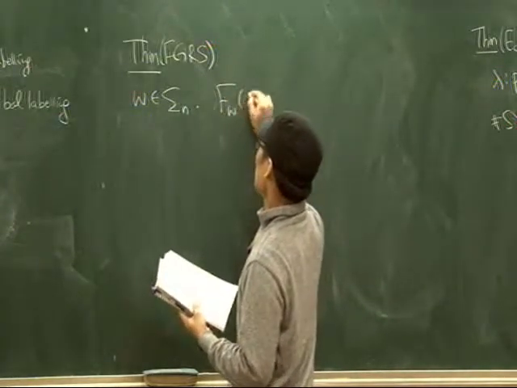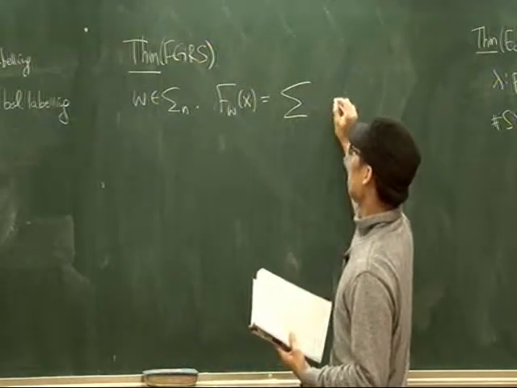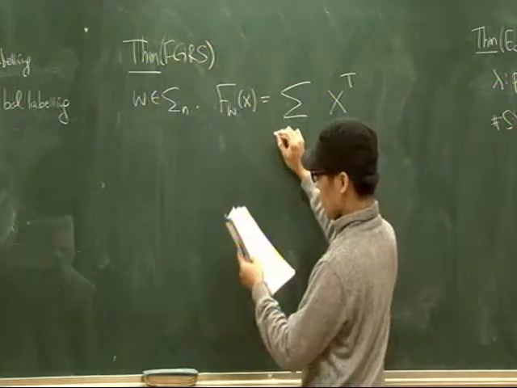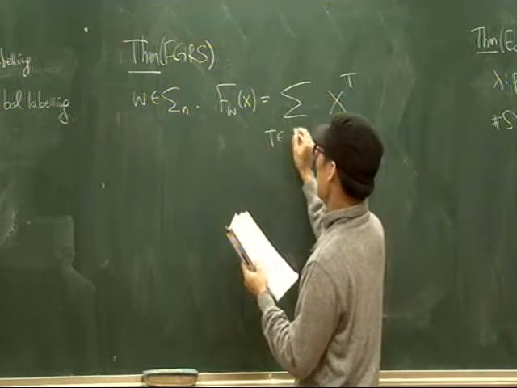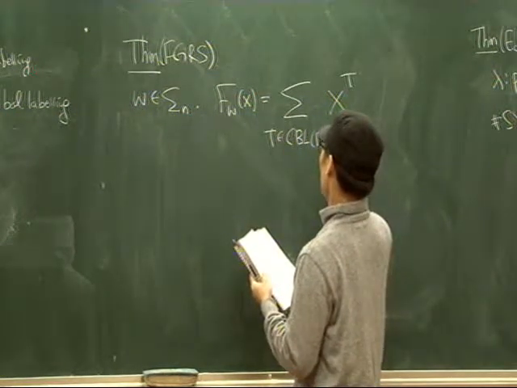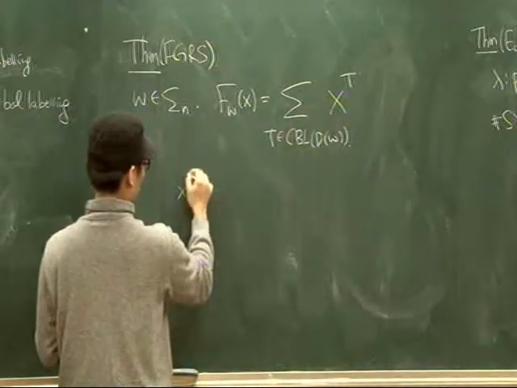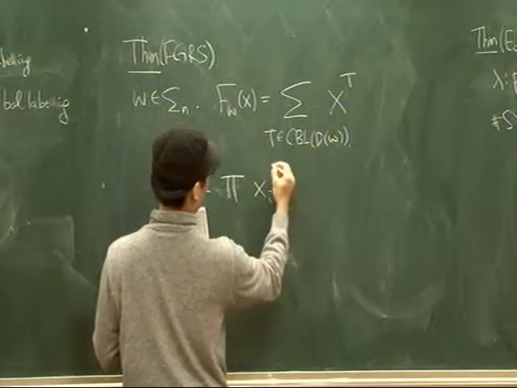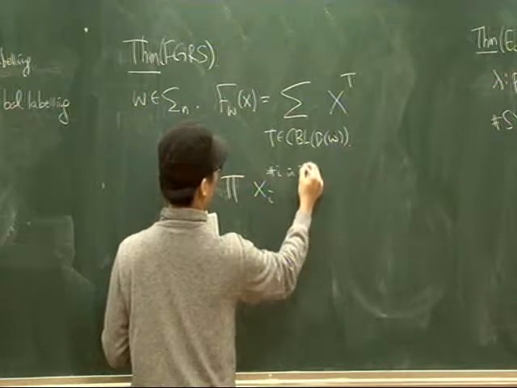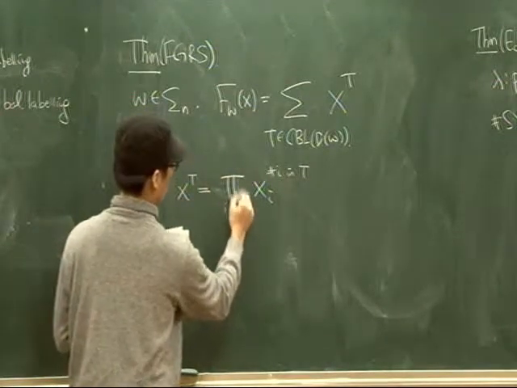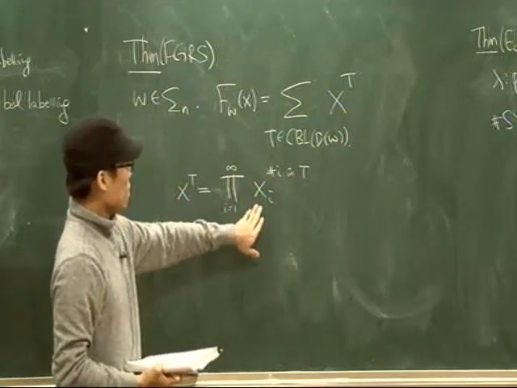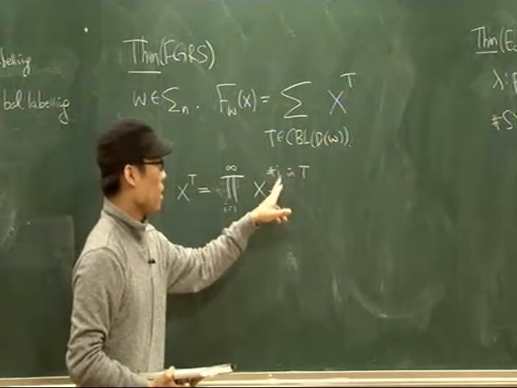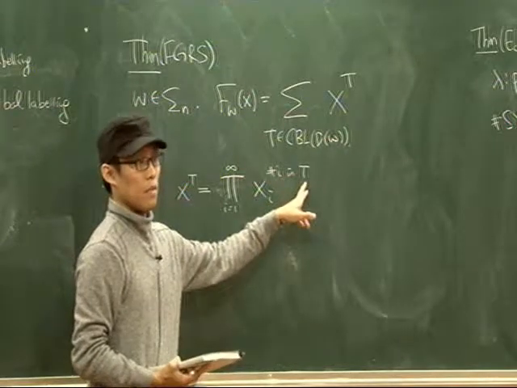Then the Stanley symmetric function is a summation of these monomials x^T, where T is a column strict balanced labeling of the diagram of W, and x^T means the monomial that is the product of x_i to the power of the number of i's appearing in the labeling T.